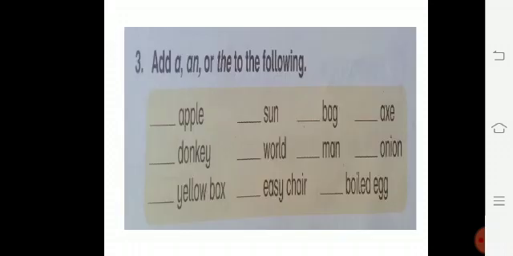Now we will learn about a and an, the articles. As you know, there are two articles, a and an, or the. Students, here are some words: apple, sun, bag, X, donkey, world, man, onion, yellow box, easy chair, and boiled egg.